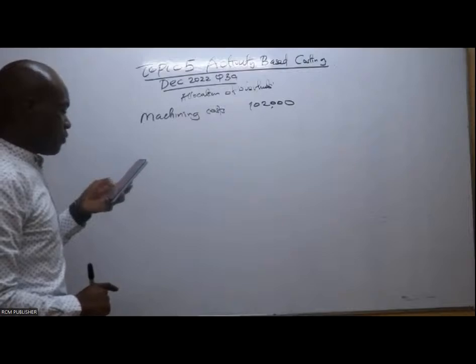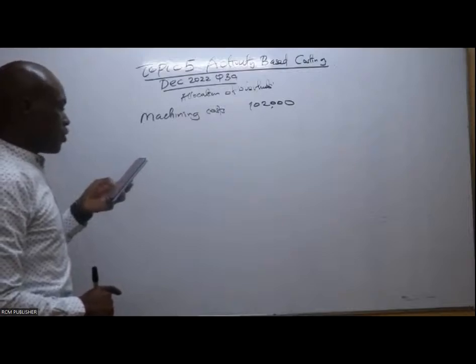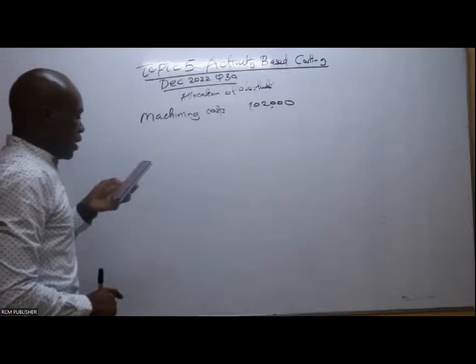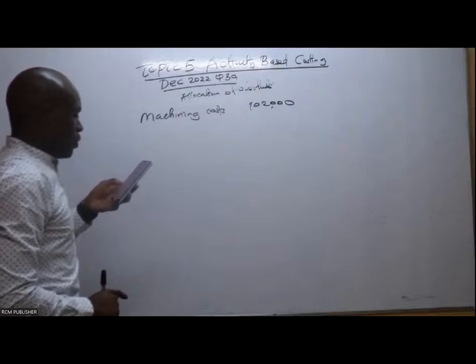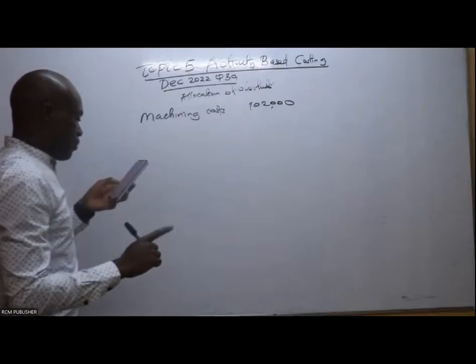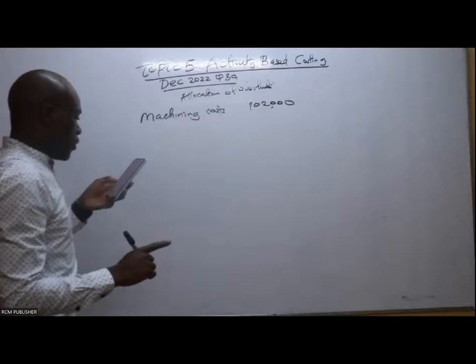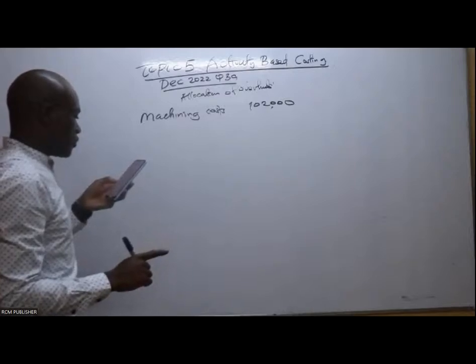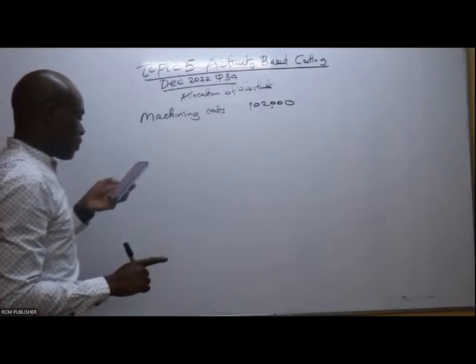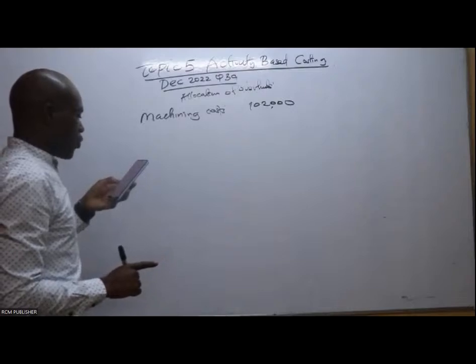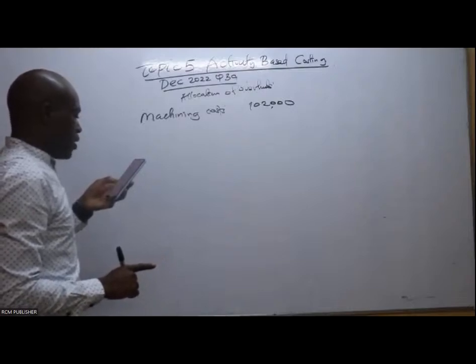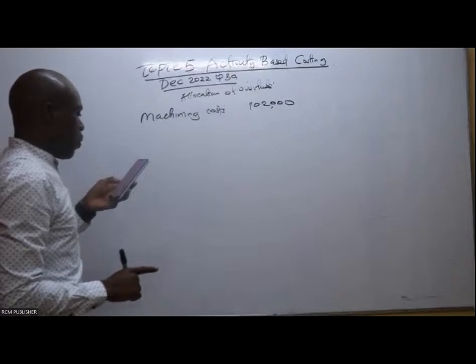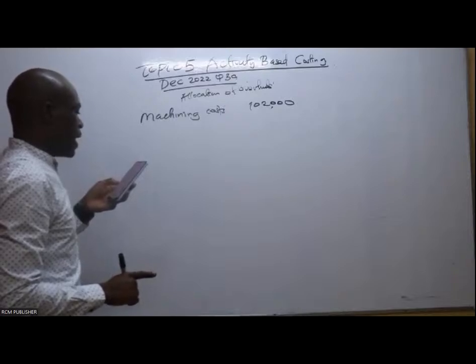Let's move down to the information on cost driver. Let's look for machine hours because that's the allocation basis. So machine hours per unit, we have 0.5 for T, for Q we have 1, then for M we have 1.5 hours per unit.